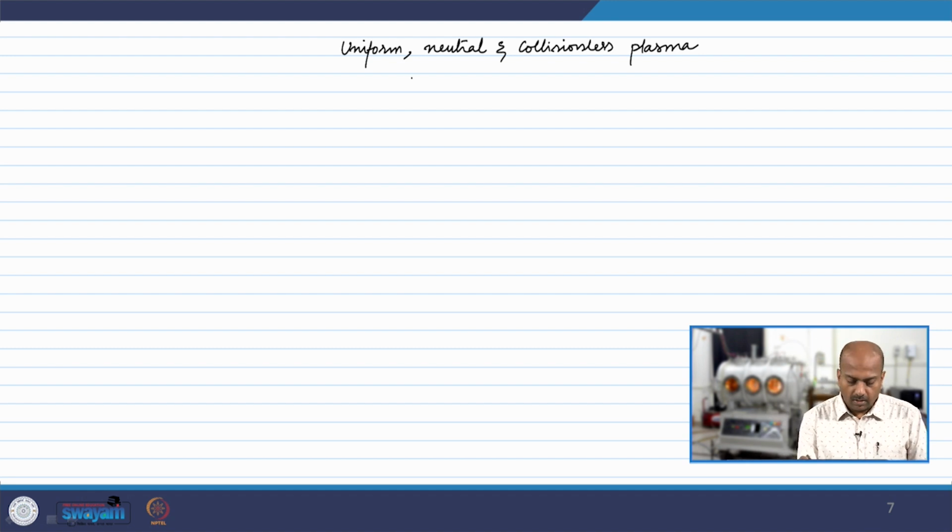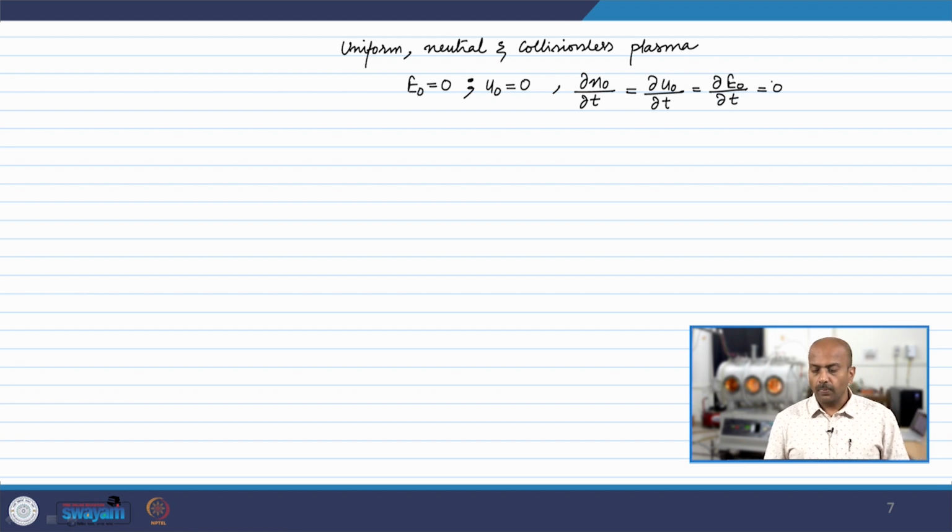So, which means when it is uniform, E naught is equal to 0 and U naught is also 0 because it is at rest, and dou N naught by dou T is equal to dou U naught by dou T is equal to dou E naught by dou T is 0, right.